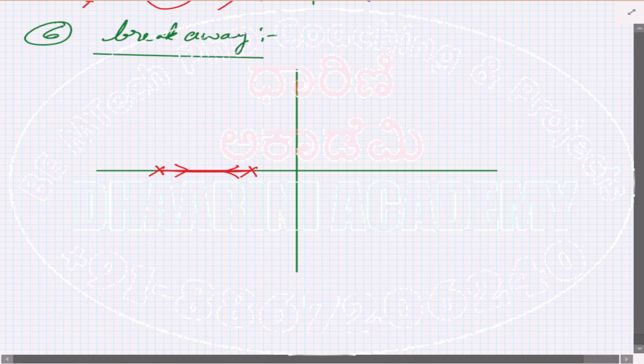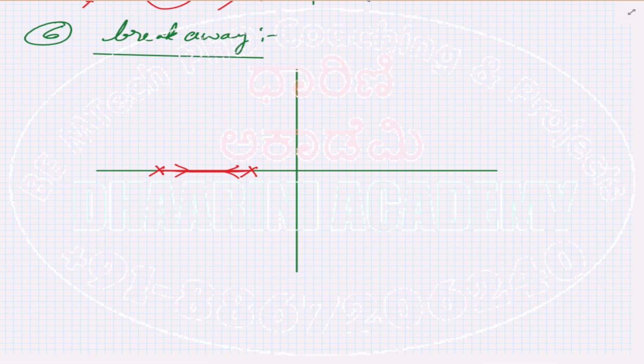Which means the two branches there, we don't have two zeros to compensate. So I don't find any finite zero, which means the branches should go to infinity, right?